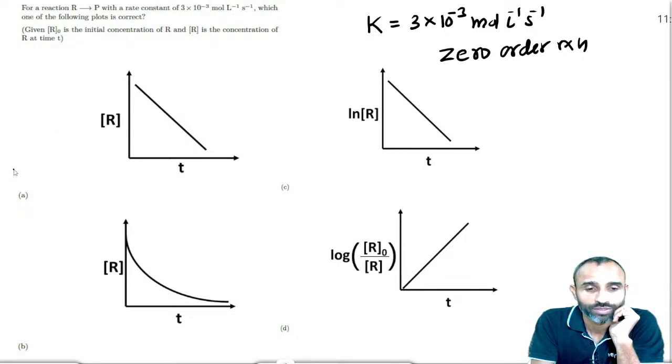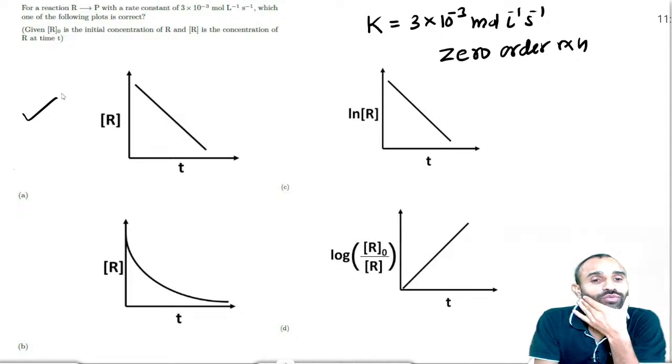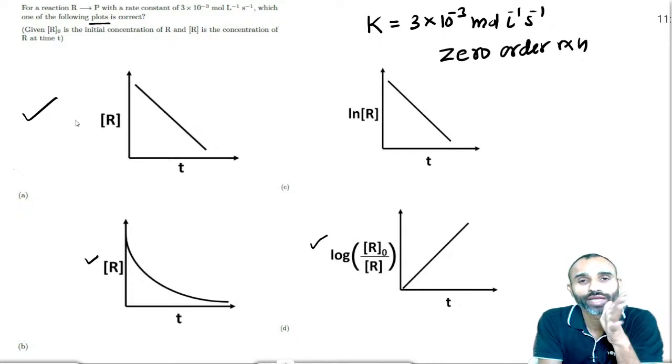Any other option? One option. Which one? Plots. Yes, option A is correct because all other options are for first order.